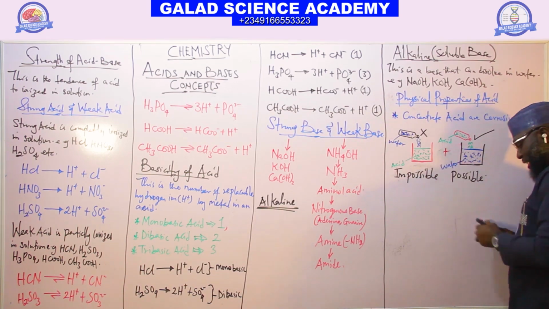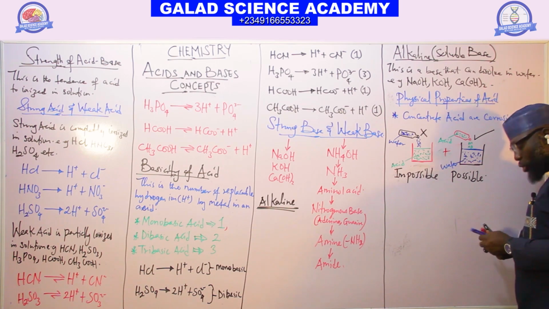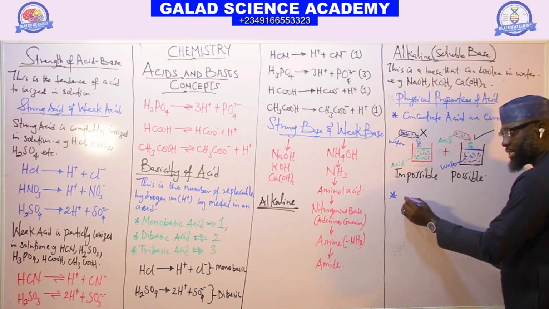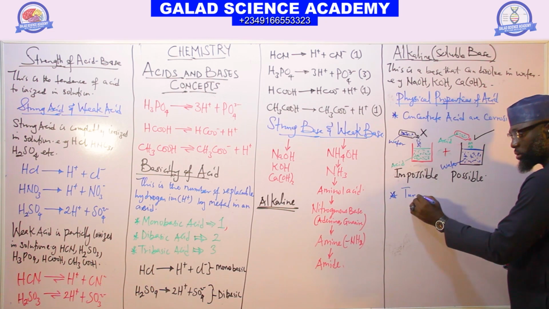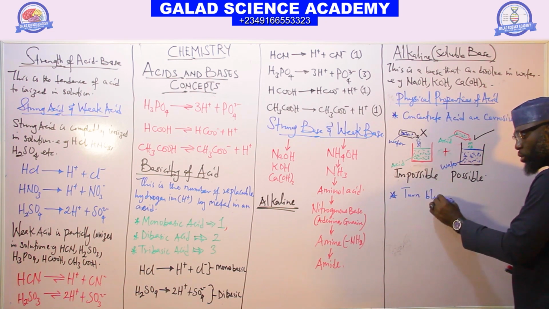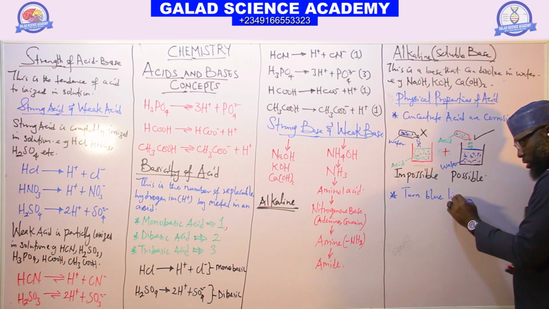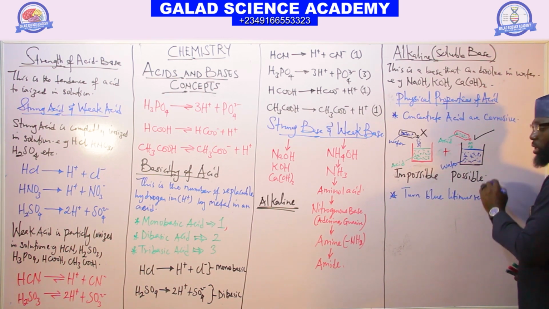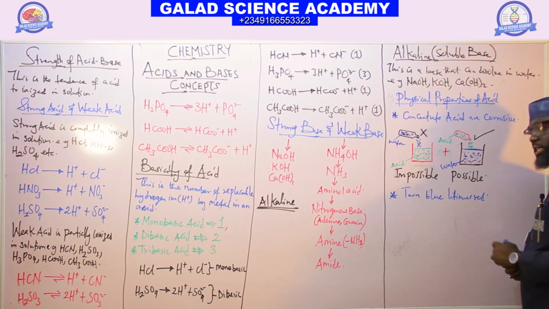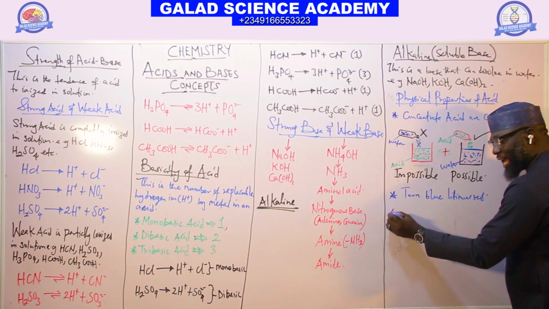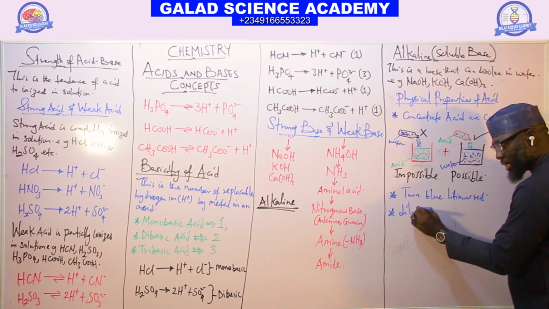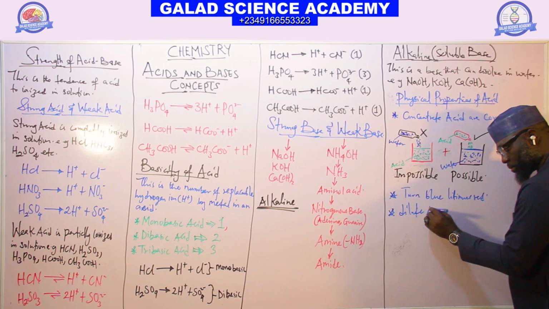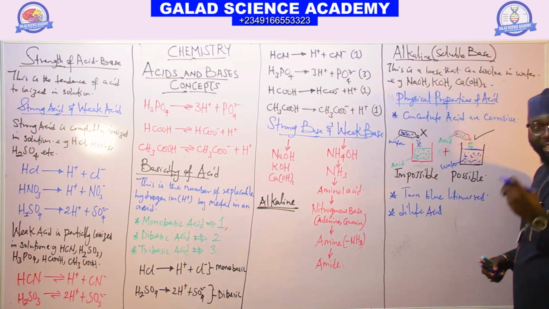The next thing is the acid turns blue litmus paper red. They turn blue litmus red. Dilute acid, you can taste it.